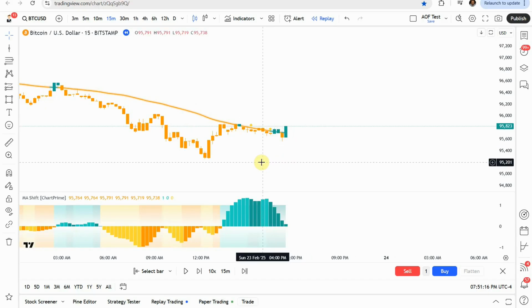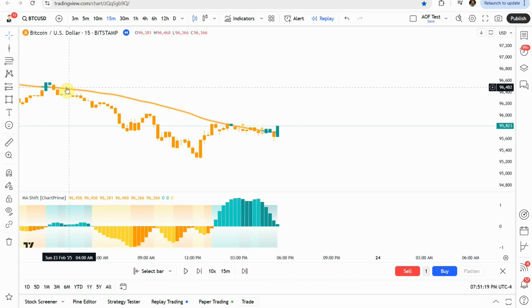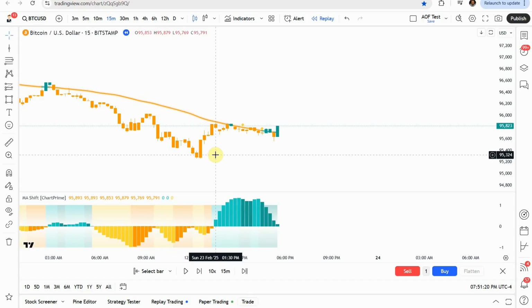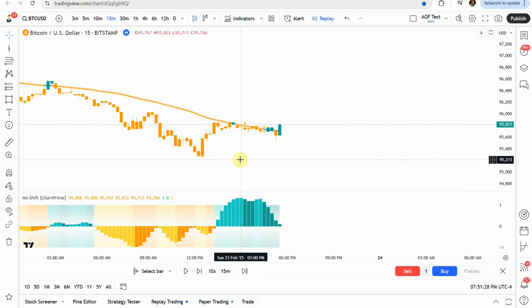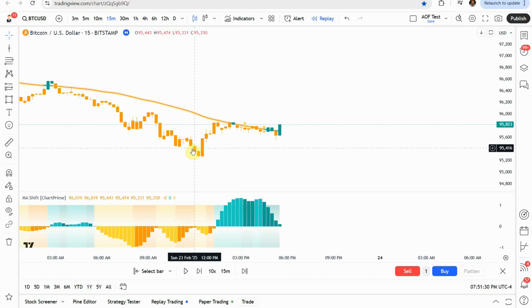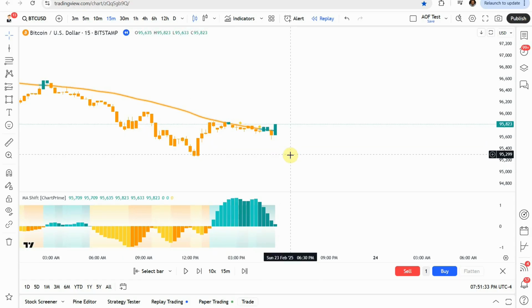In the source video, they said you have the moving average, it gives you a direction to go in, and then you pick up these diamonds here which are related to the histogram, and those diamonds will tell you when you can expect a reversal from price.